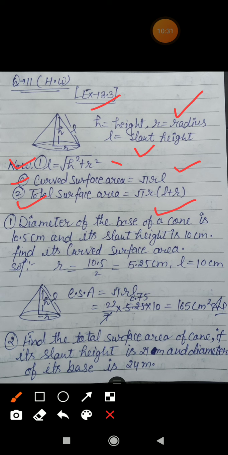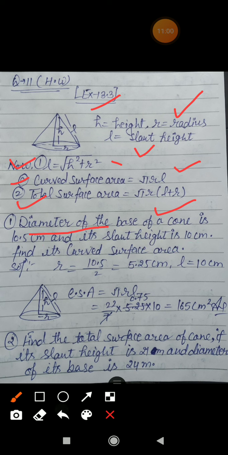Now we start the first question of this exercise, which is quite easy. When you learn this formula, you can easily do this question. In this question, the diameter of the base of a cone is 10.5 centimeter and its slant height is 10 centimeter. You have to find the curved surface area.